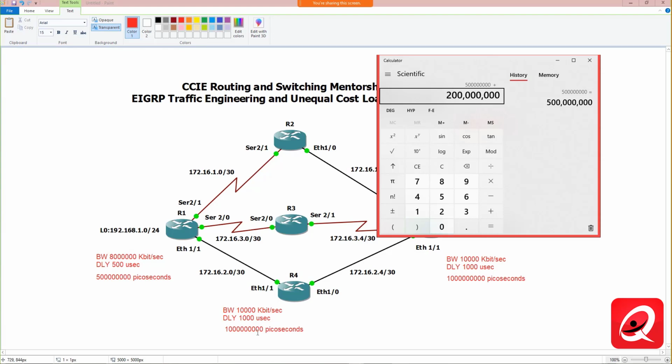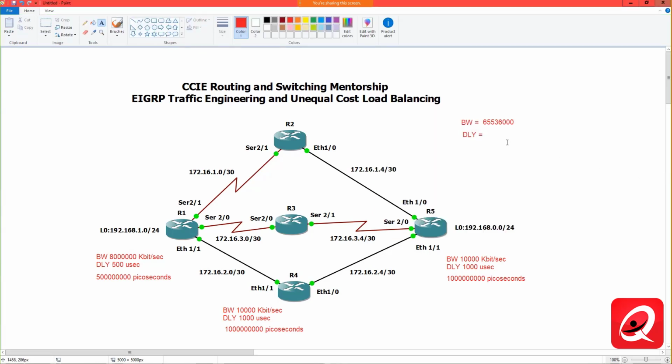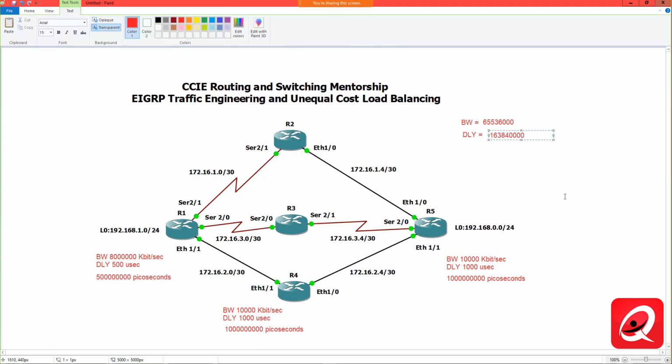I believe it's 9. So that becomes our delay value. We multiply that times 65,536, and then we divide that by 10 to the power of 6. So that becomes our delay value for that calculation.